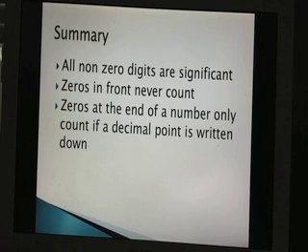Let's just summarize. All non-zero digits are significant. Zeros in the front never, ever count. They're just holding the decimal place. Zeros at the end of a number, which I call trailing zeros, you count them only if a decimal point is written down.